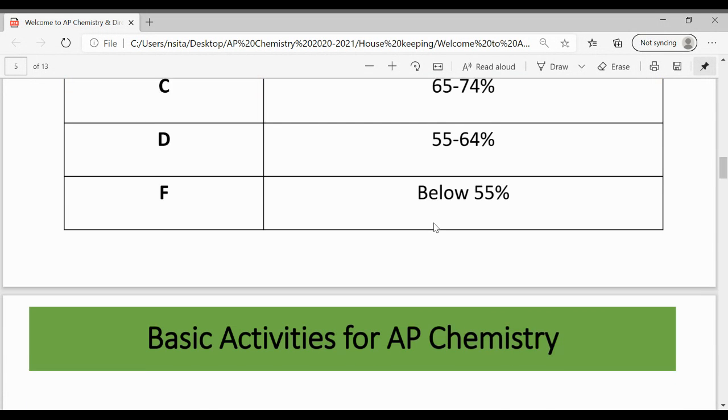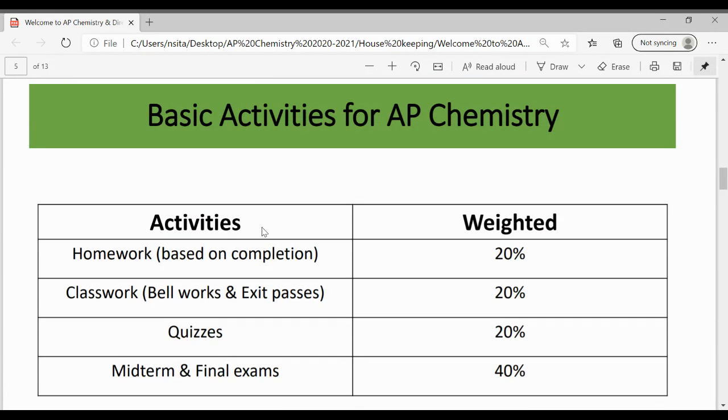Now, keep in mind that only AP Chemistry is the one that you will get weighted as an AP course.